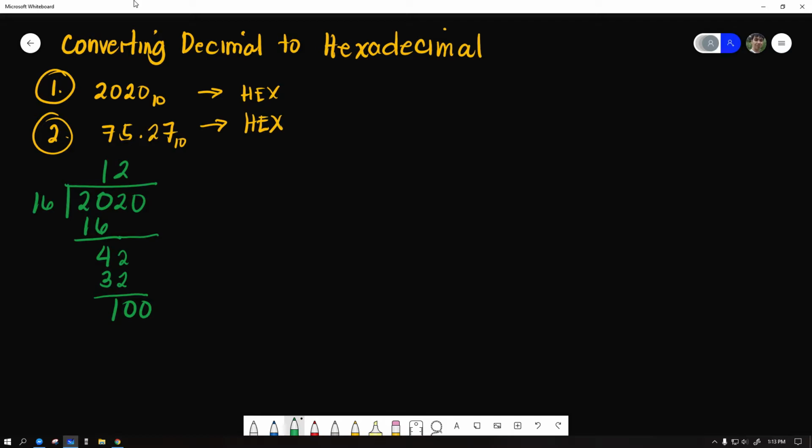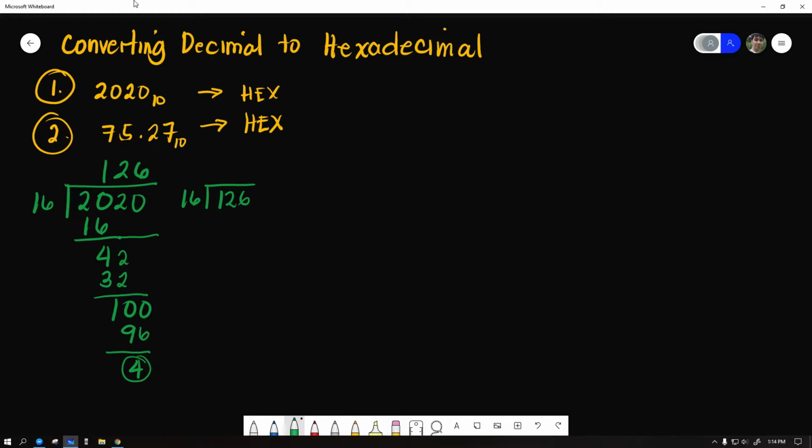The answer would be 6, because 6 times 16 is 96. So you have a remainder of 4. Okay, take note of that. Then the quotient will be divided again by the radix 16. So how many 16 can you get from 126?